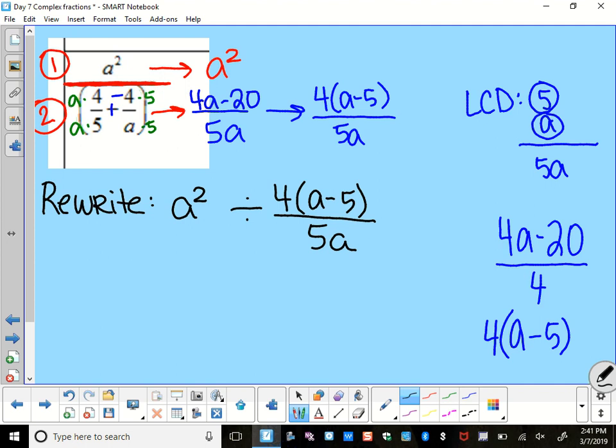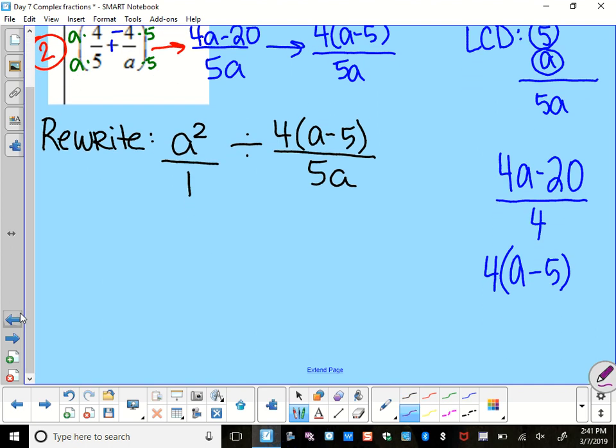There's nothing underneath it, but I can make it over 1. And when I go to solve it, I keep my first fraction the same, I change my sign to multiplication, and I flip my last fraction.